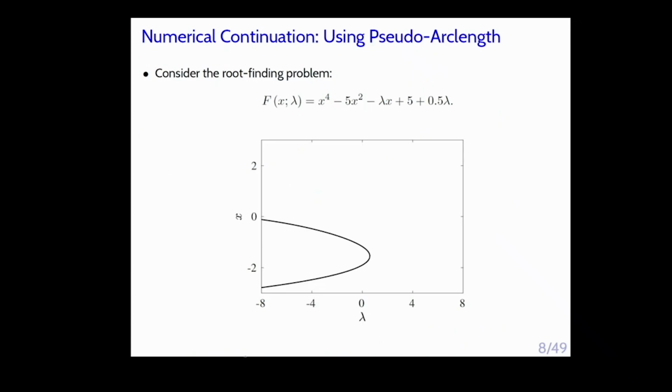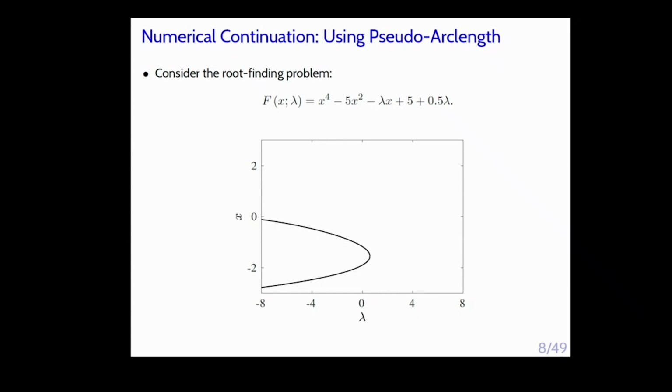As an example, take a polynomial of degree 4. I have a parameter lambda, and I want to study the dependence of my solutions on this parameter. So I used pseudo-arc length continuation. I just pick one guess. I found one solution, and then I used my pseudo-arc length code, and I was able to bypass this point. Of course, the question is, are there any other solutions here?